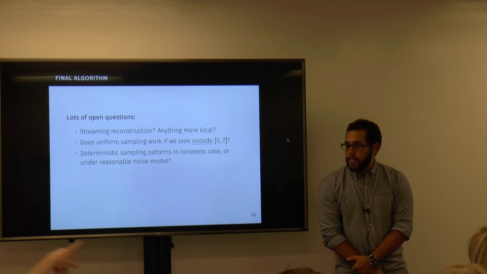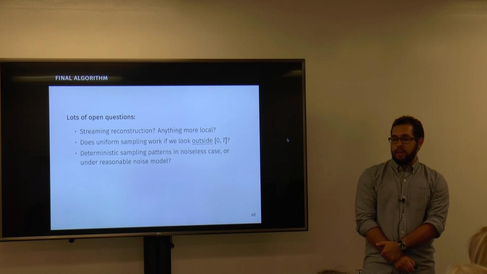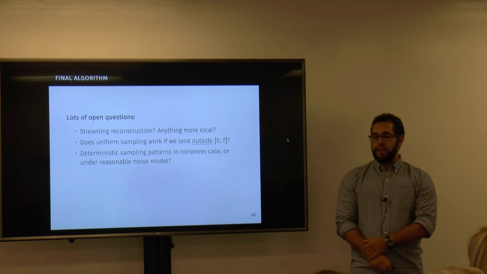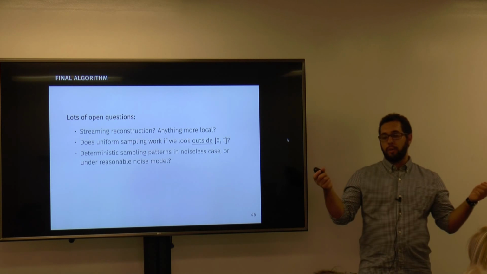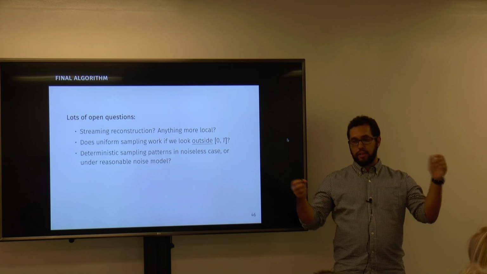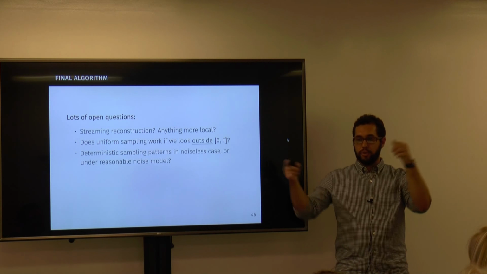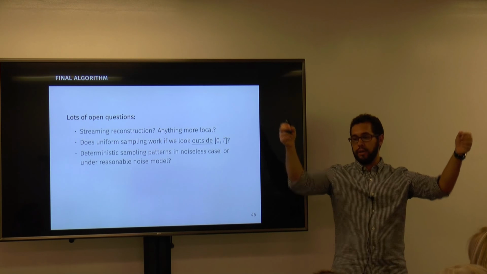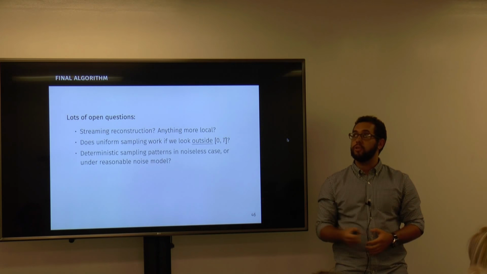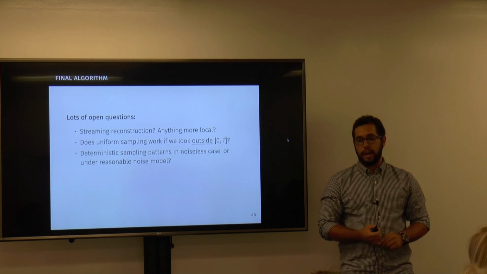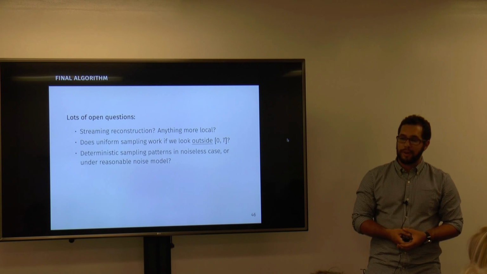Doesn't it follow from what you already showed? It doesn't necessarily, because if I wanted to solve the problem just on a larger interval, it's not clear how to continue the function in such a way that it has the same Fourier transform energy. I guess you could. Yeah, I didn't think about it, but I don't think it follows directly.